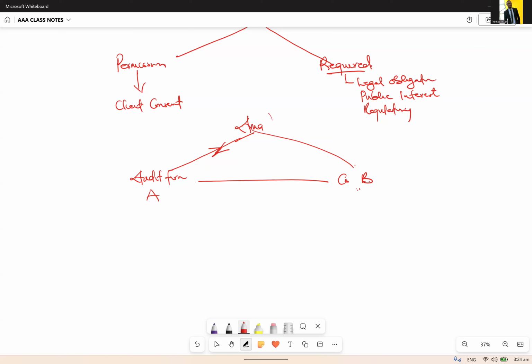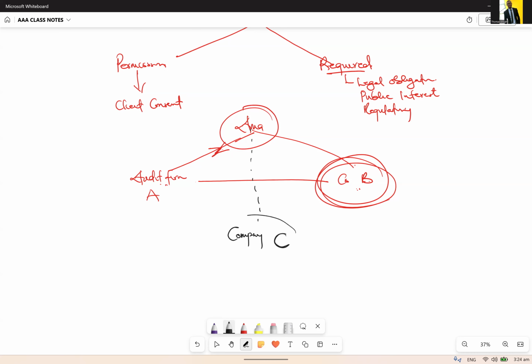So Amma, who used to work in this audit firm, got to know certain information about company B. Then comes in company C, who says that they want to hire Amma. And why are they hiring Amma? They are hiring Amma because Amma has some knowledge of company B that they will need. And that is where the confidentiality dilemma comes in.